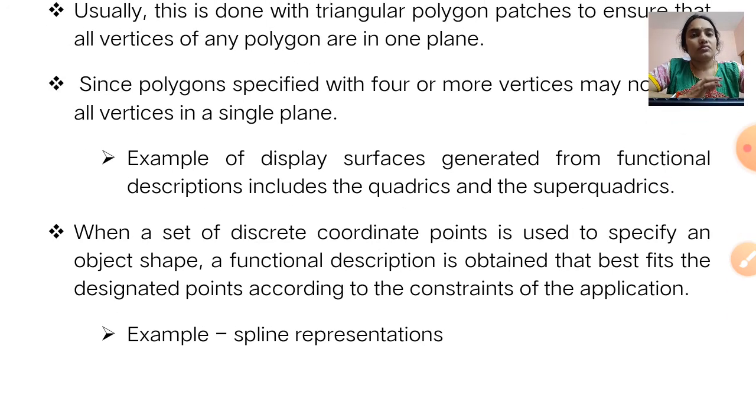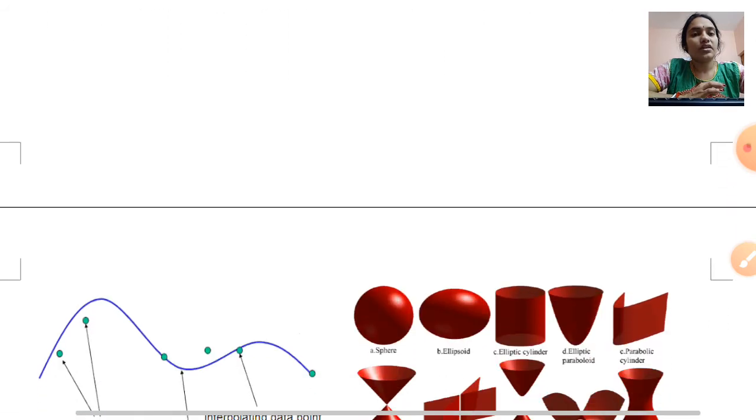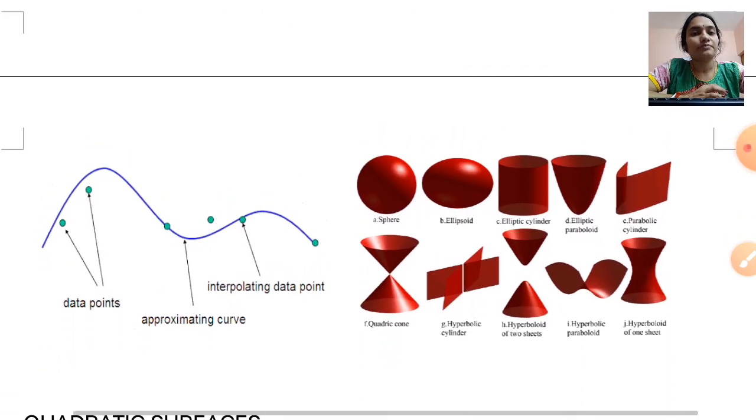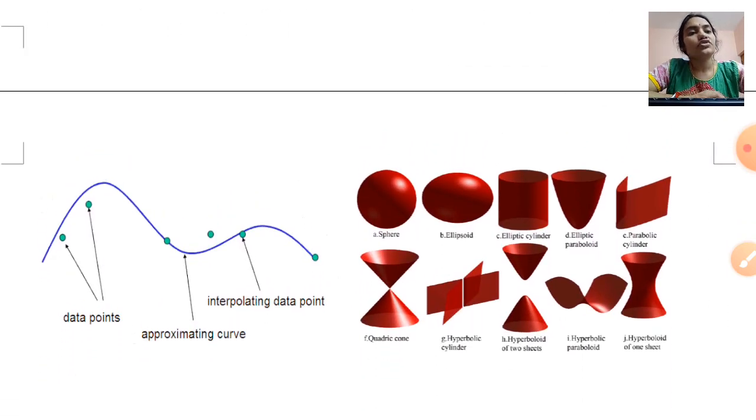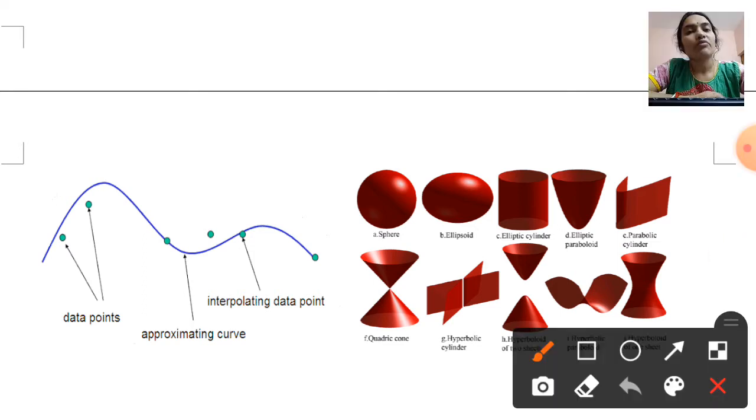Here is one example also. This blue line is a curved line, and the green dots are the data points. To connect these data points we draw a curved line.